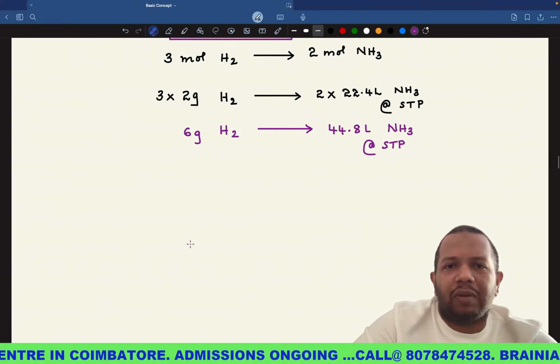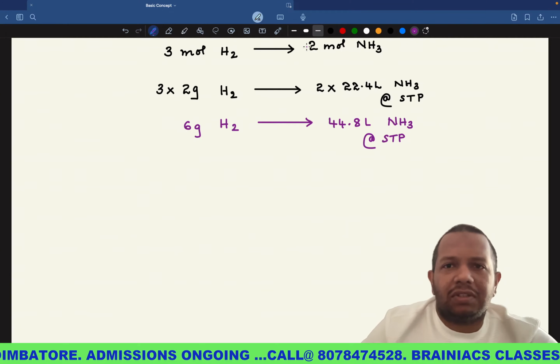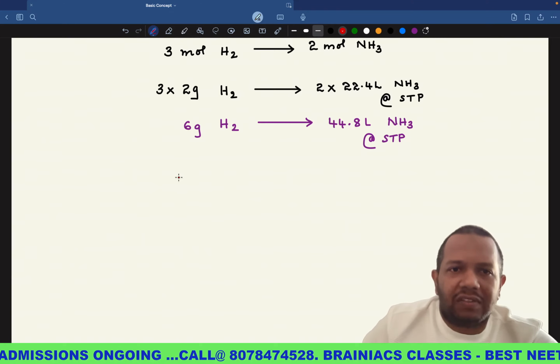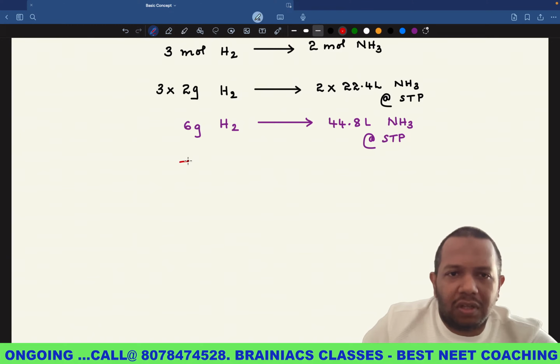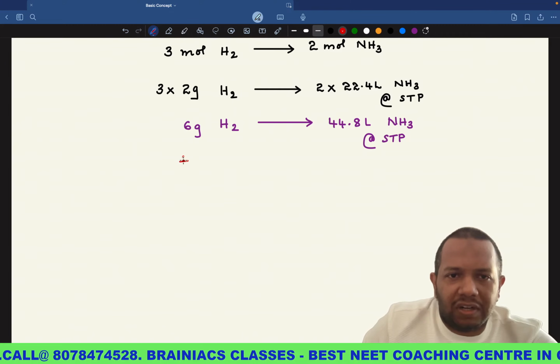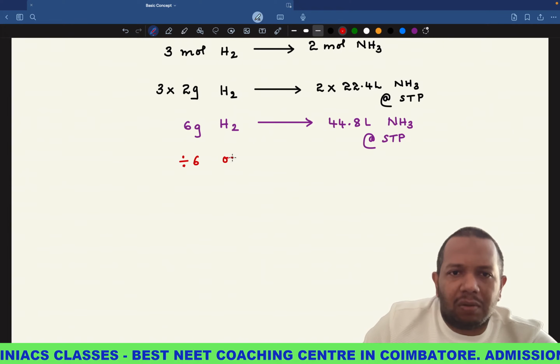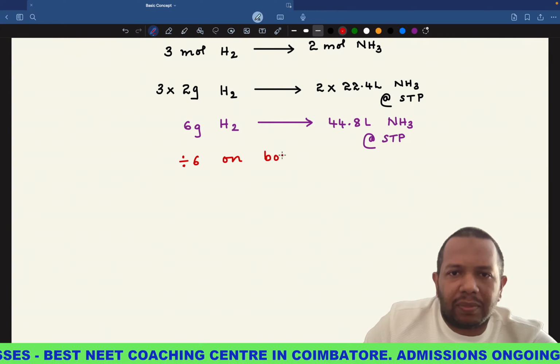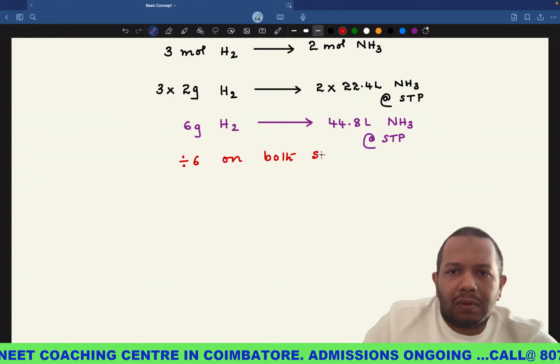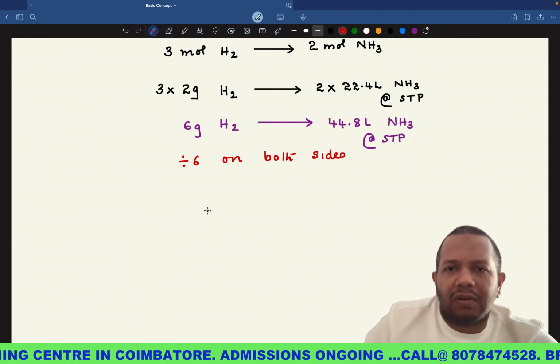I always told you one method. If you want to convert a number to a particular number, what we do is convert this number to 1 first. For converting this to 1, divide by 6 on both sides.